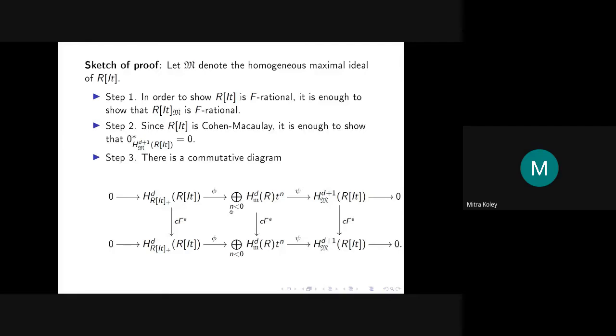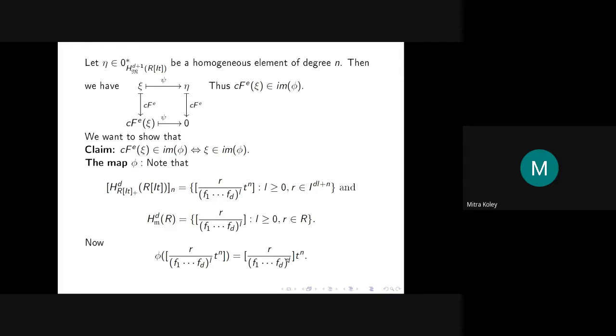Using diagram chasing, we would like to show that the tight closure of 0 is 0. So take any element in the tight closure of 0 in the module H^{d+1}_M(R[It]), and then take a lift on the left-hand side, H^d_m(R). Since it is in the tight closure of 0, that element goes to 0 under the right vertical arrow, and the lift also goes to 0 via the commutativity of the diagram.